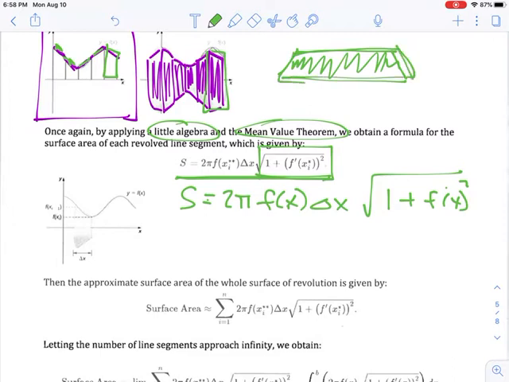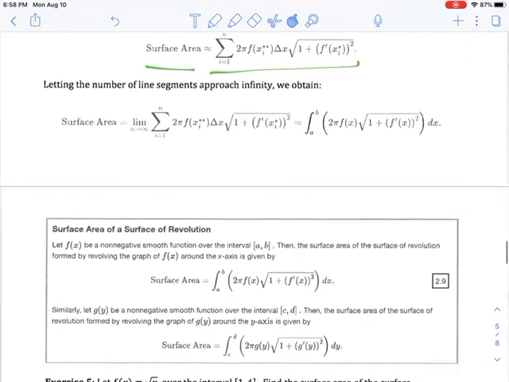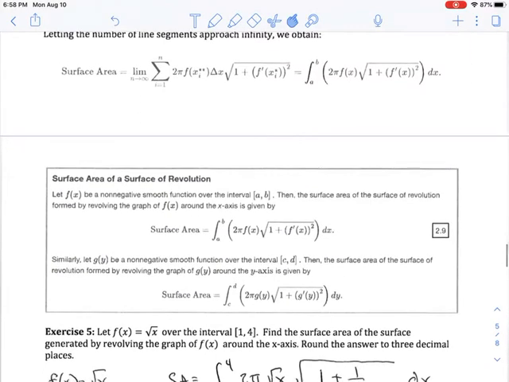And then we want to sum up a whole bunch of those because we've got a whole bunch of these things in here. We're going to sum them up by creating a Riemann sum, and that approximates the surface area. And then, of course, as always, the next step is to let the number of little arc lengths approach infinity.